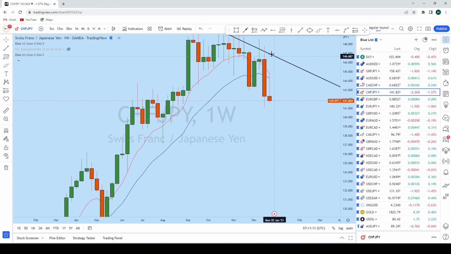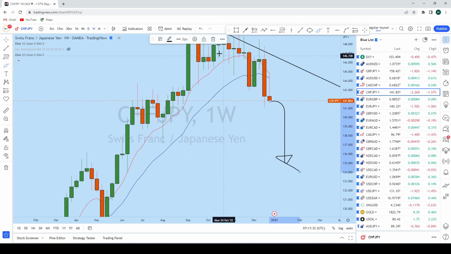Now if you look closely at the previous 2 weeks of price action, there is a bearish engulfer. See, there is a long wick here, followed by a narrow doji, which is in fact another bearish price action. With that bearish doji and bearish engulfer, we can expect CHFJPY to drop.